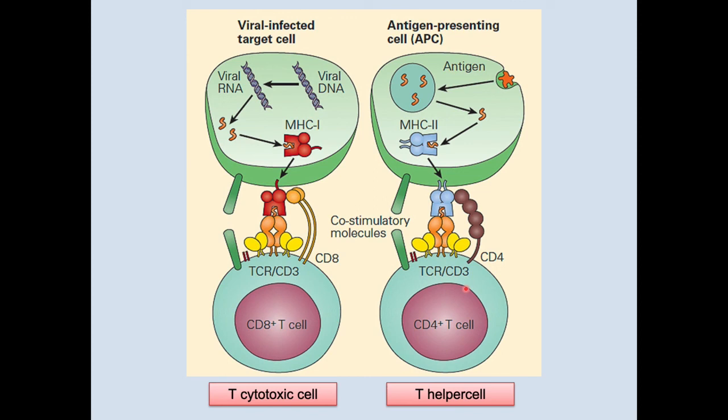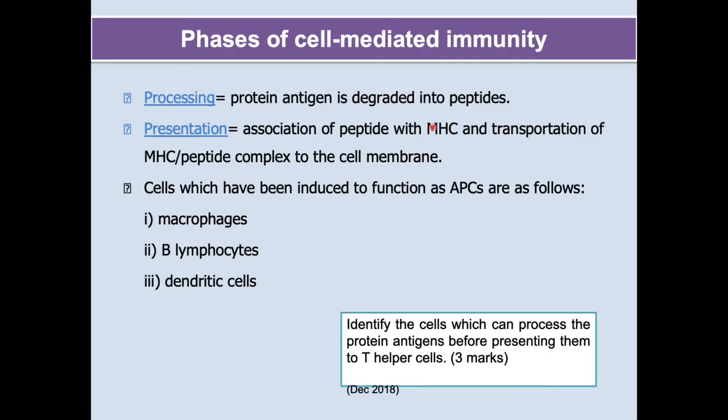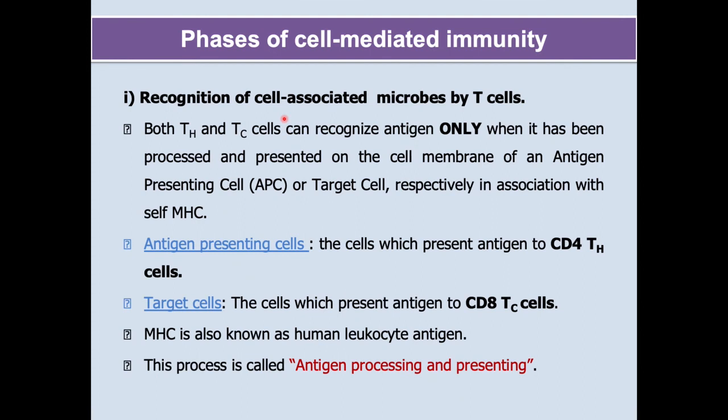It will activate clonal expansion of T cells, and also will activate the humoral immune response. Okay, there are three consequences when the T helper cell recognizes antigen on MHC2.